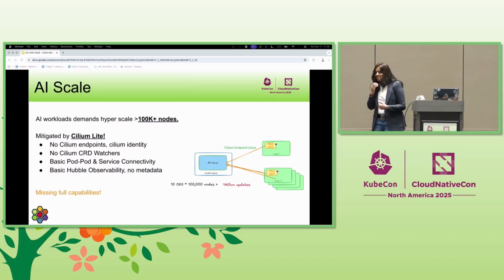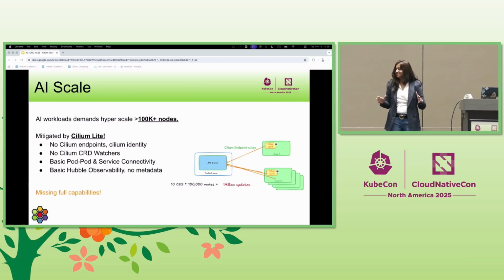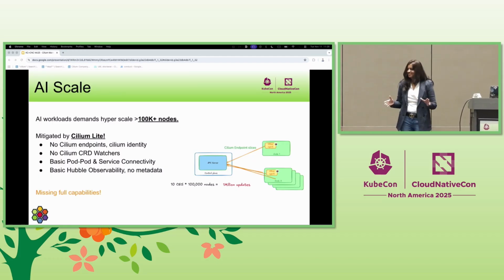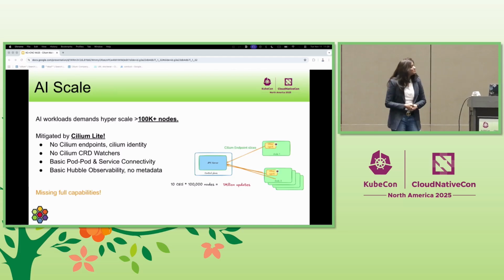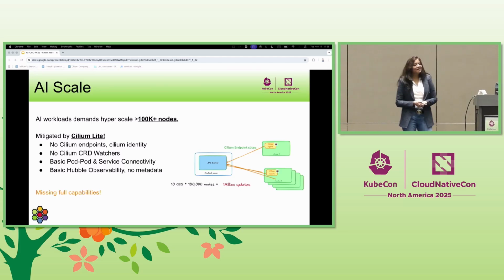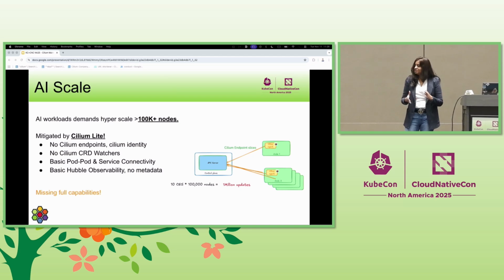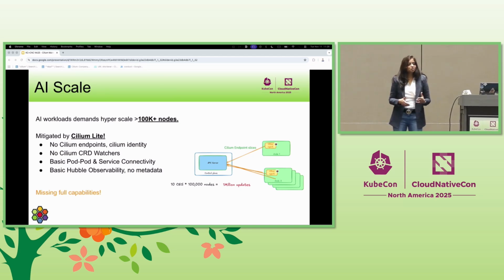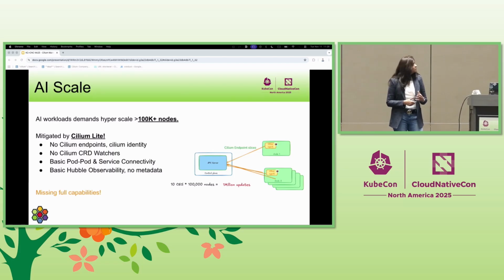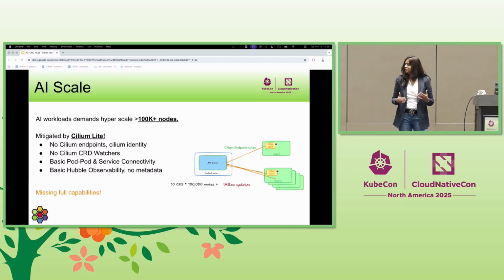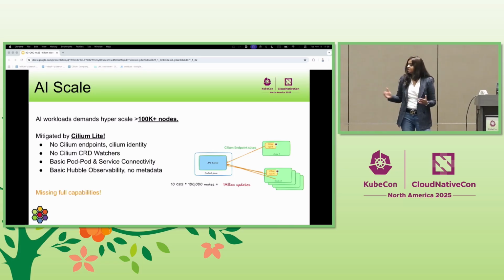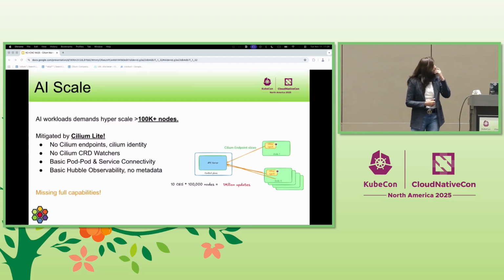Now, in the last couple of years, the world has gone crazy, hasn't it? And as part of that, the AI workloads have hyperscale demands, and they need it now. They want to run their training jobs and inferencing jobs on these hyperscale clusters, which are GPU aware and running at a very high speed.